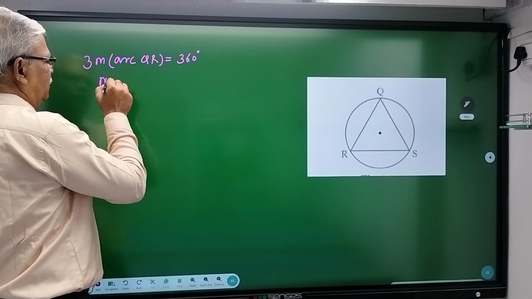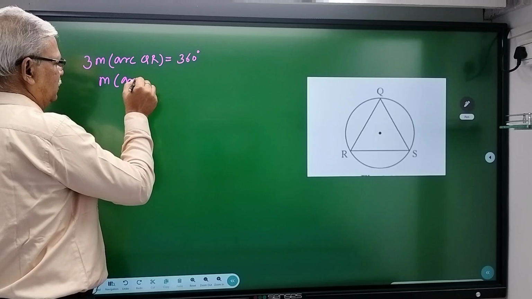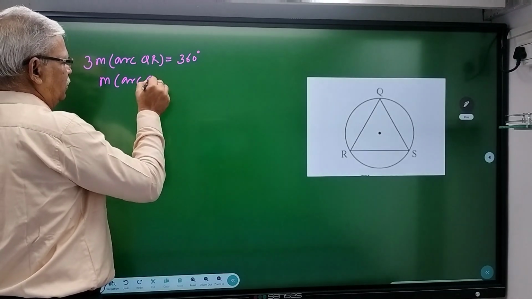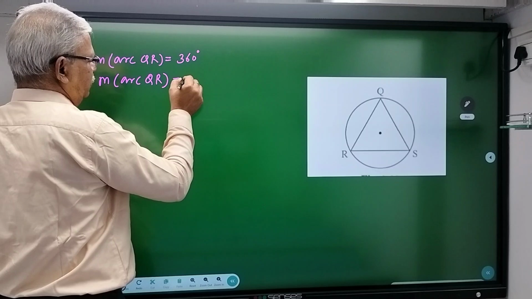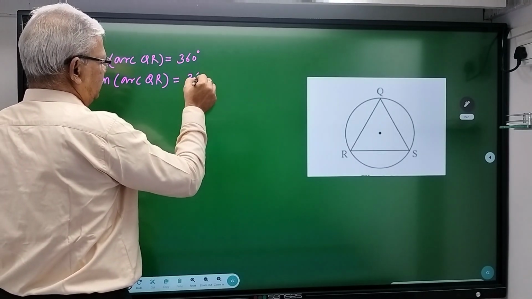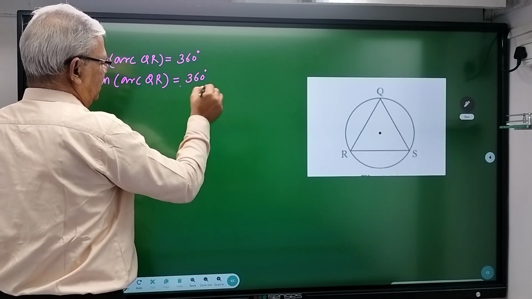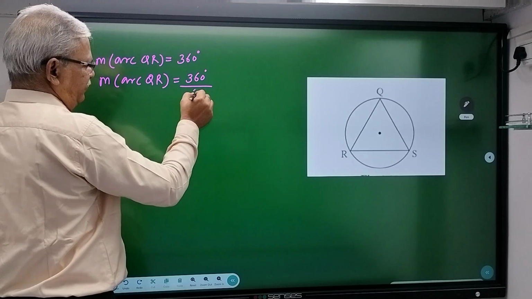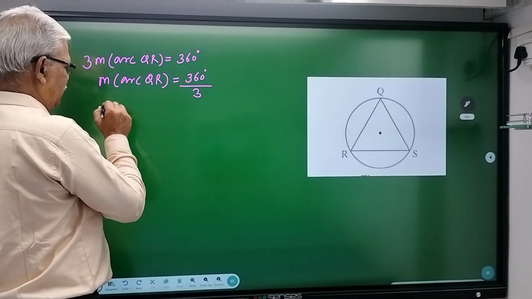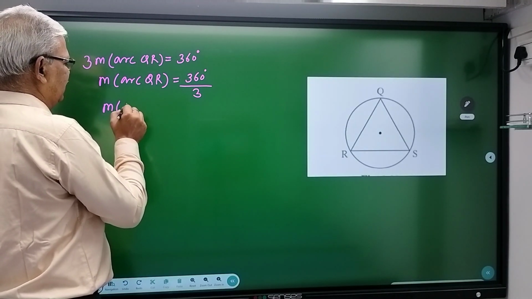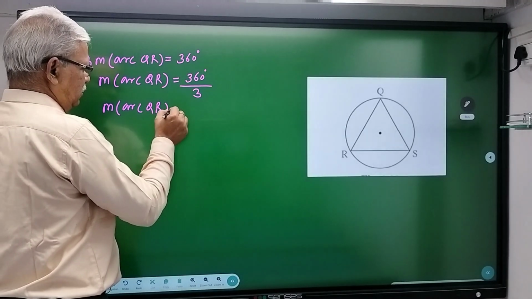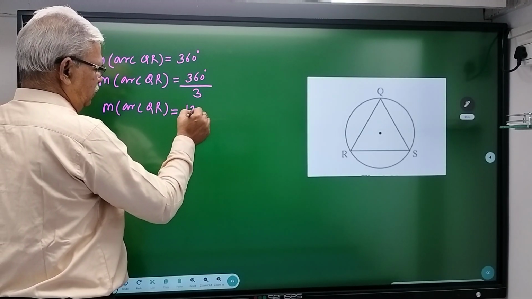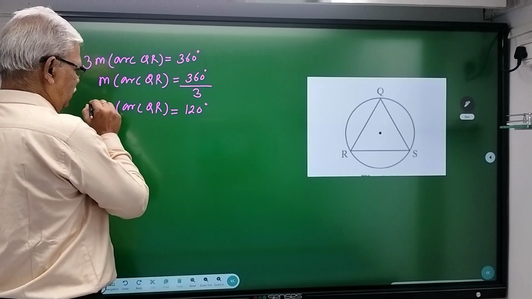Therefore, measure of arc QR is equal to 360 divided by 3, is equal to 120.